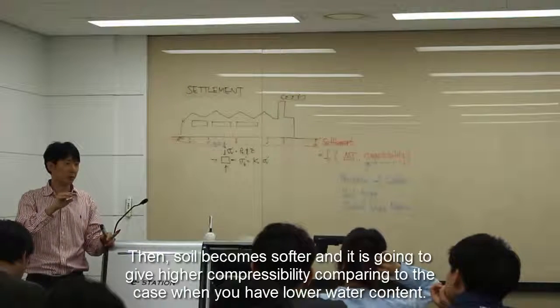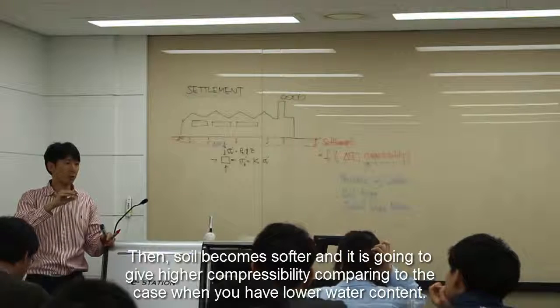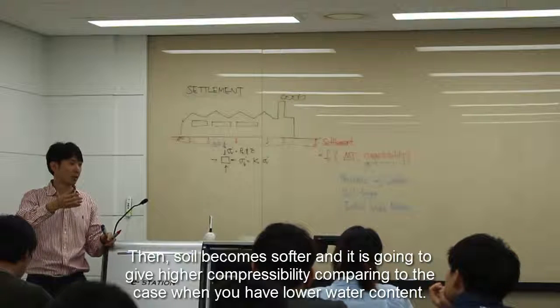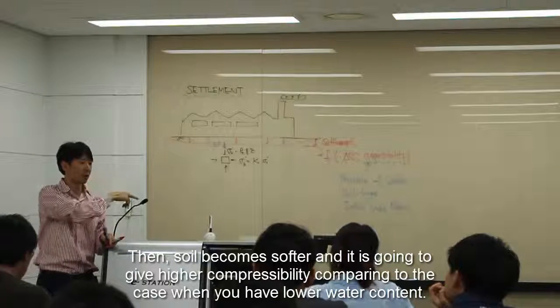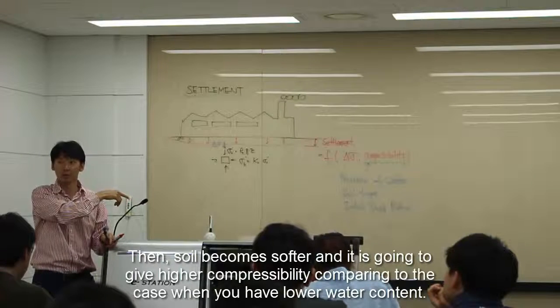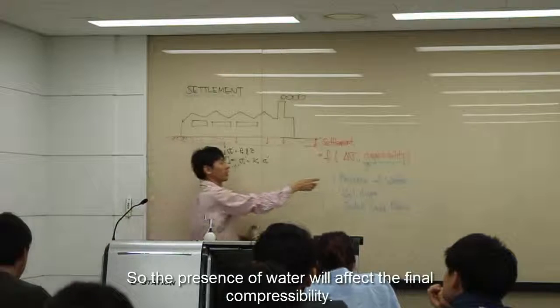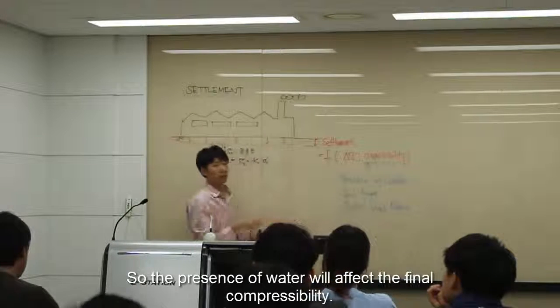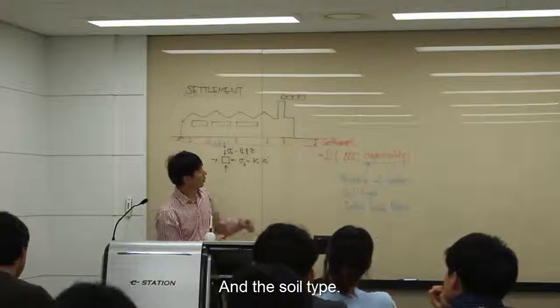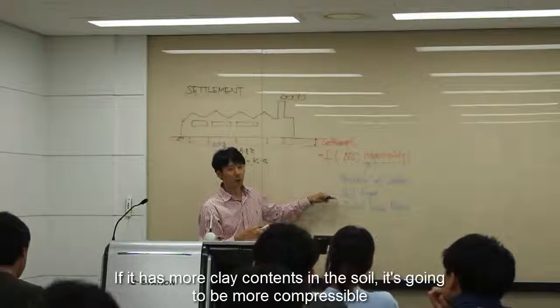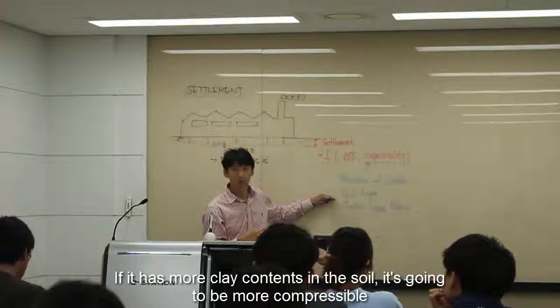Much softer. So that's going to give you higher compressibility compared to the case when you have lower water content. Right? So the presence of water will affect this final parameter, compressibility.